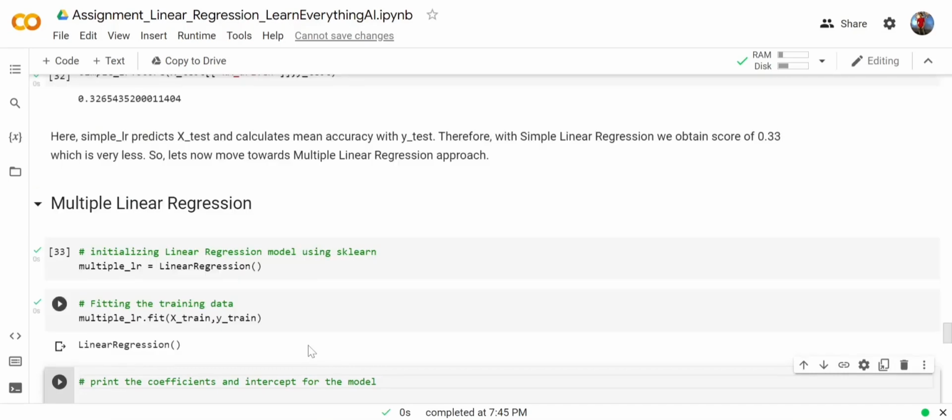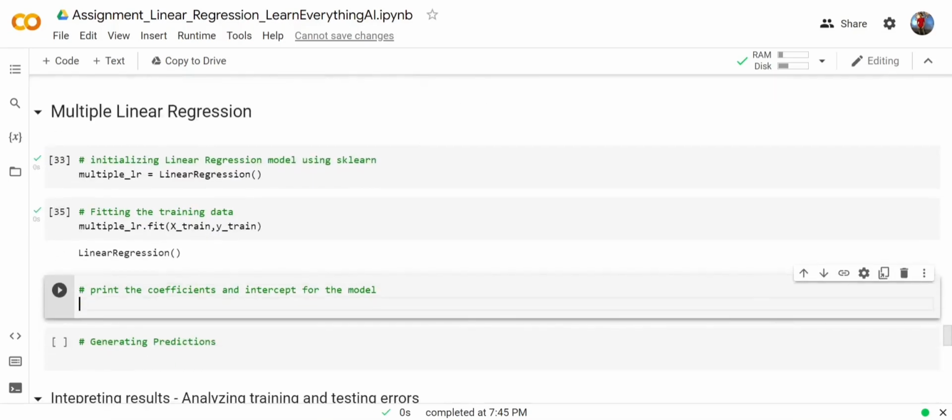Yeah. So now we have fitted the training data properly in our multiple linear regression model with the entire data set. And now let us print the coefficients for each variable. Like we saw, each variable has a different equation, a different value for the coefficient, and we have to print it.